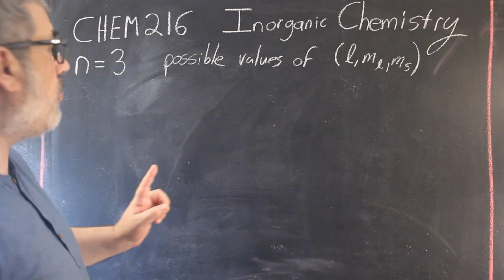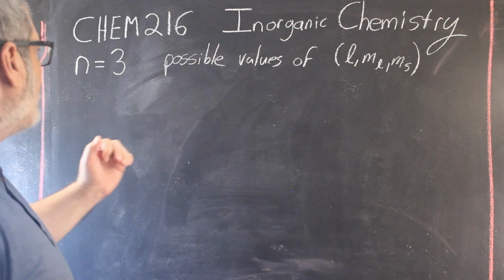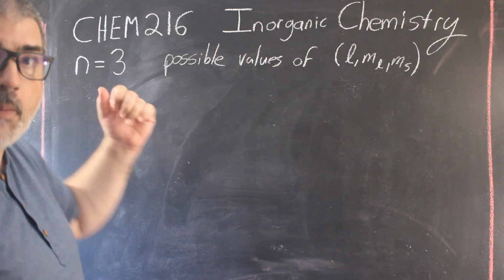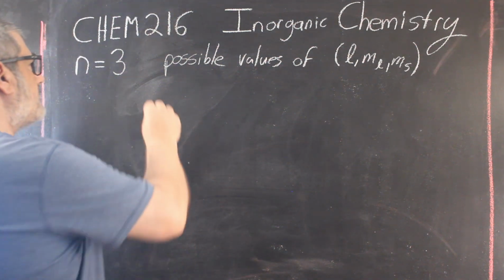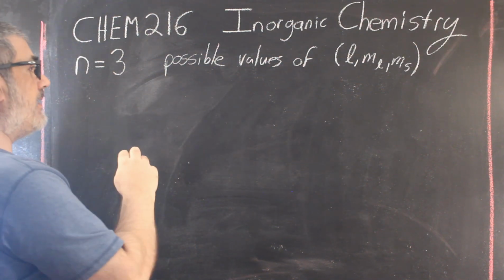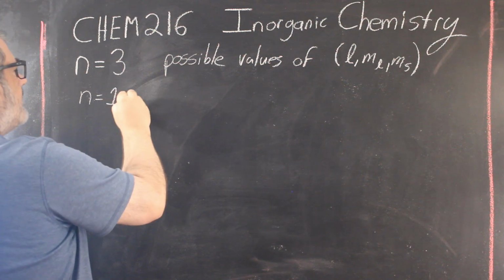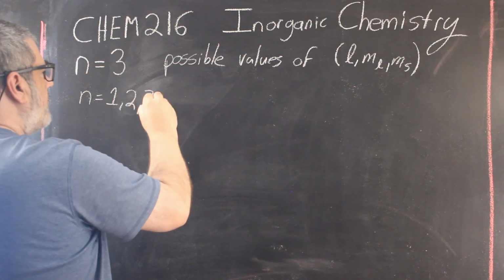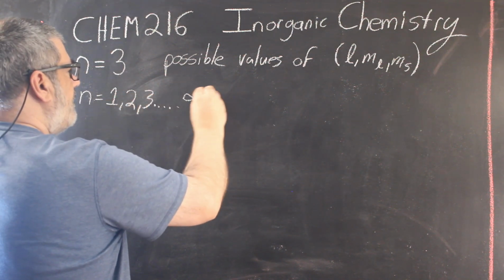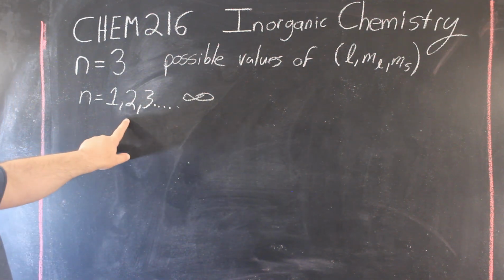Now, to answer this question, we have to remember several things. n, our principal quantum number, I've given you a value for n, but n can be 1, 2, 3, to infinity, as long as it's an integer. Right?